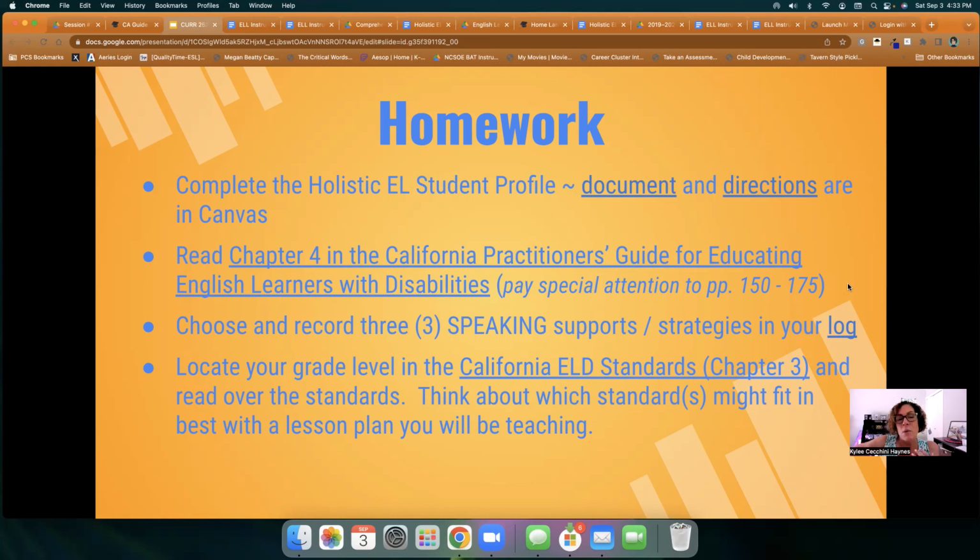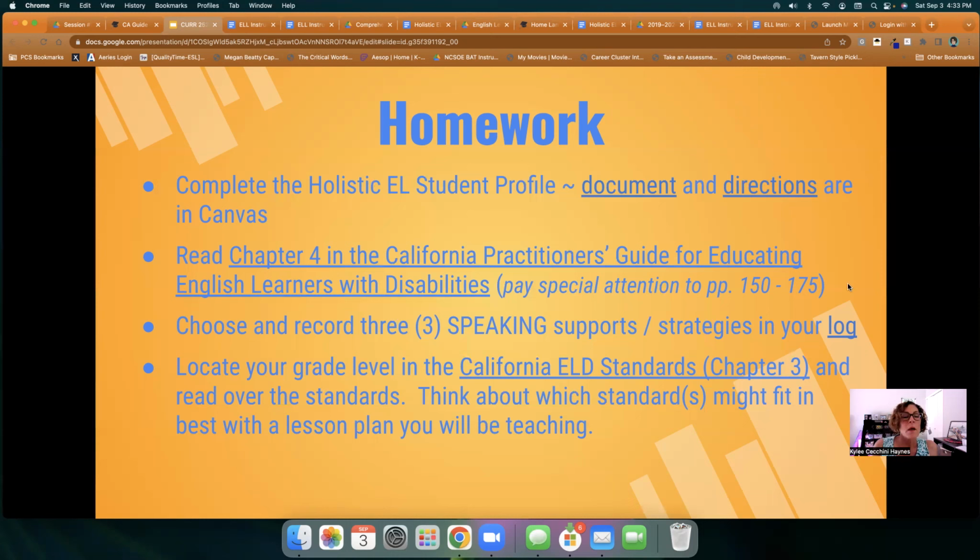But again, I will repeat, if there's anything that you need to be familiar with, it's this document as it pertains to English language learners and special education. This is speaking the language of special education teachers, and what you are expected to know and be able to do.